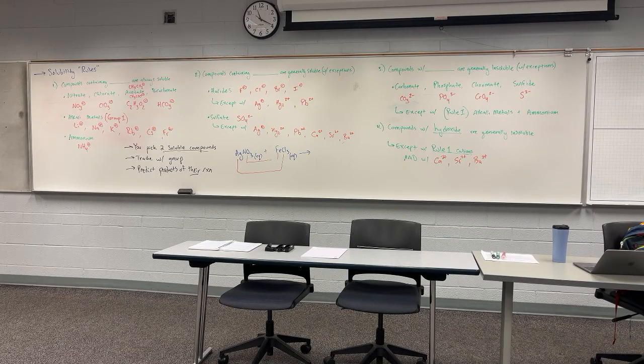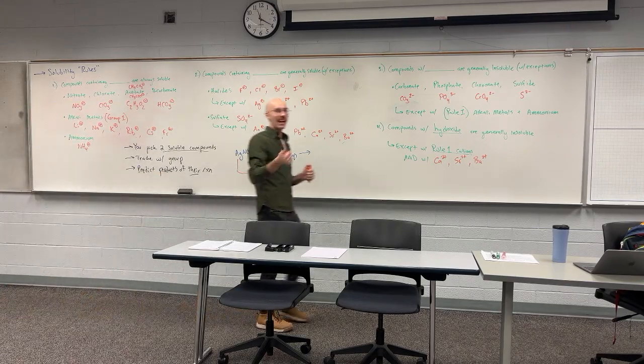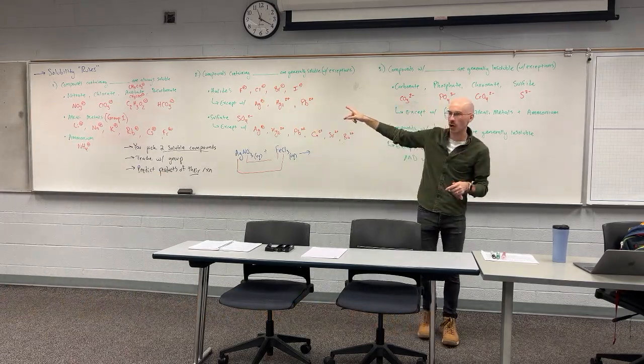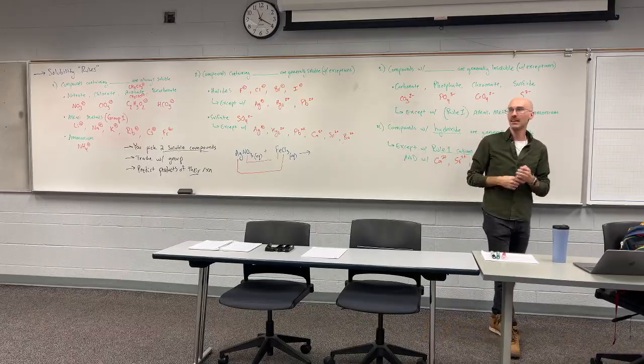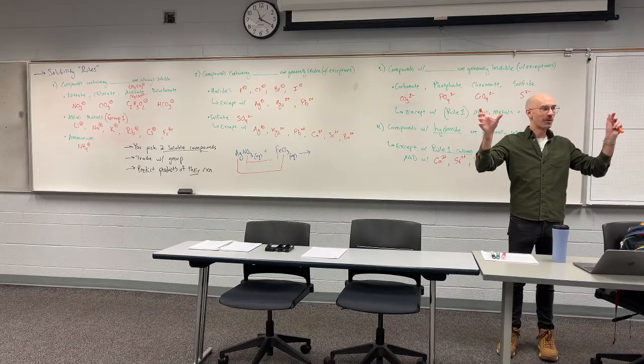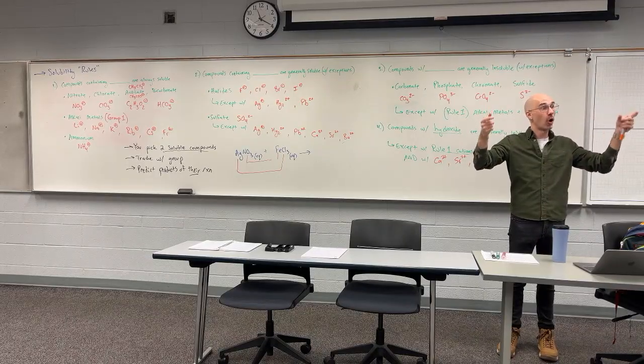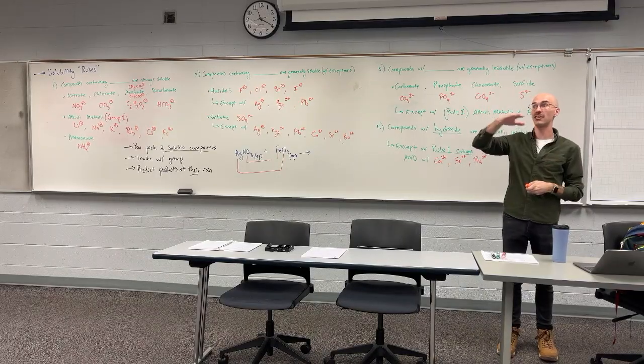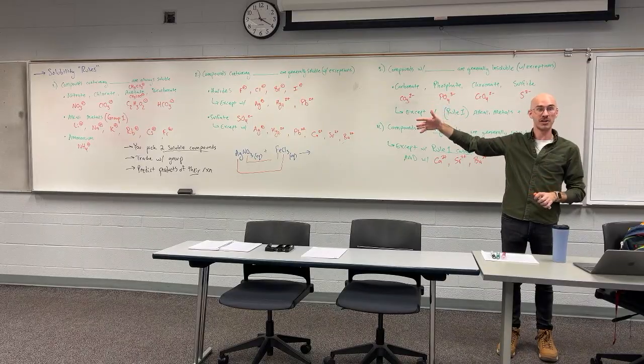Is this actually a precipitation reaction? No, the products rubidium nitrate and lithium bicarbonate are both ionic pairs that are always soluble. So this is actually not a precipitation reaction.